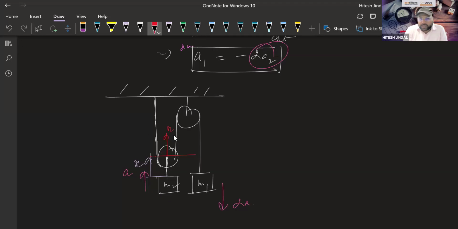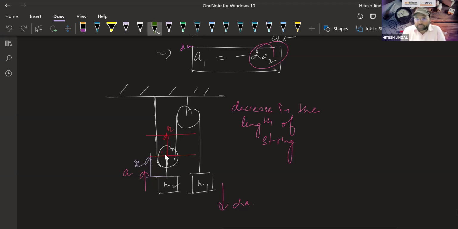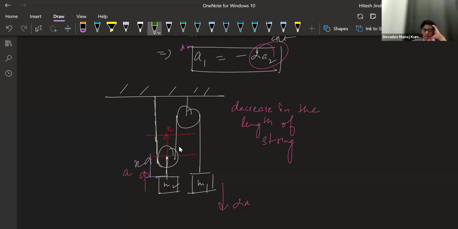So if the pulley has gone up x, what is the decrease in the length of this string? If this pulley has gone x up, would this length of the string decrease or not?